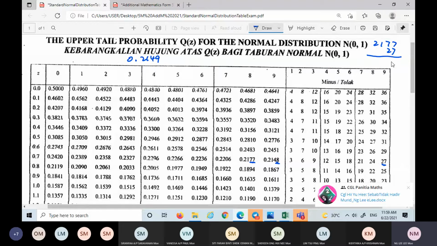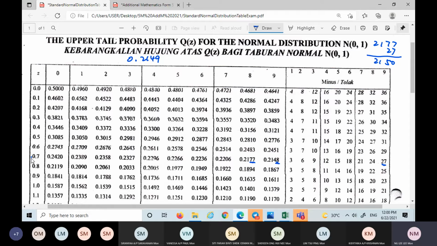How about this? This is 21, this is 50. So there is no exact answer for 2149. You can choose either this with subtract 9, or if not, you choose this, either one.